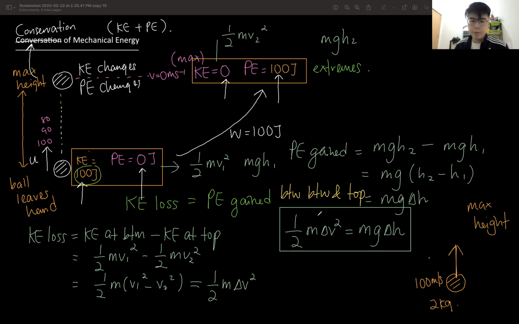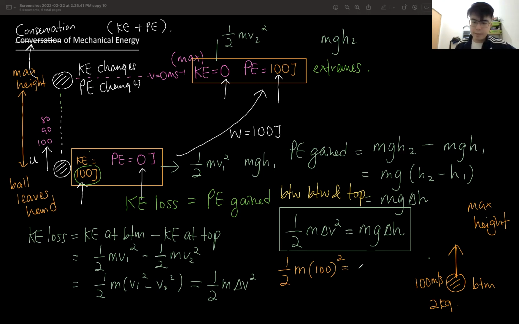Then you can calculate what is the KE loss when it goes from bottom to maximum height. Again, you're talking about the two extremes. So what is the KE loss? At first, I give it 100. I can calculate the KE loss, half m 100 square. That is going to be the KE loss, because at the top, KE is 0.